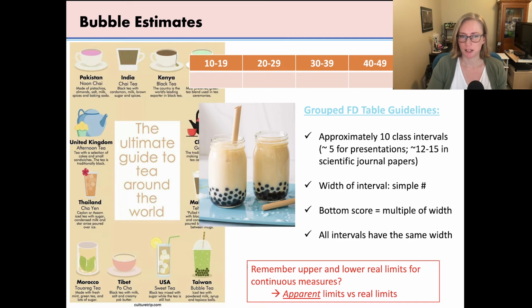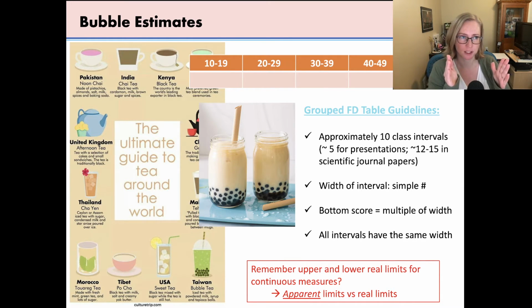One thing to keep in mind, because these are artificially created class intervals, these are not the same as real limits. When we talked about continuous measures and how you define the height of somebody, if they're 61 inches, 62 inches, 63 inches, the real limits are halfway to the next one, right?